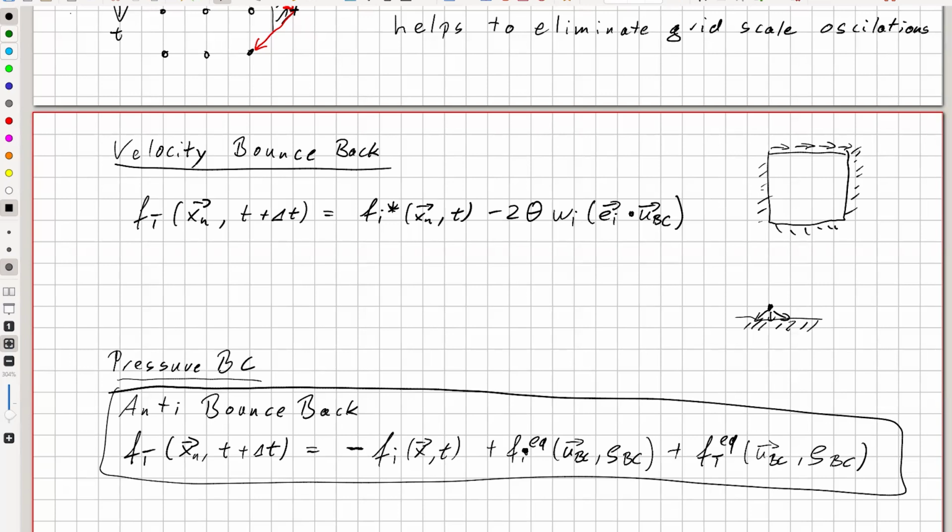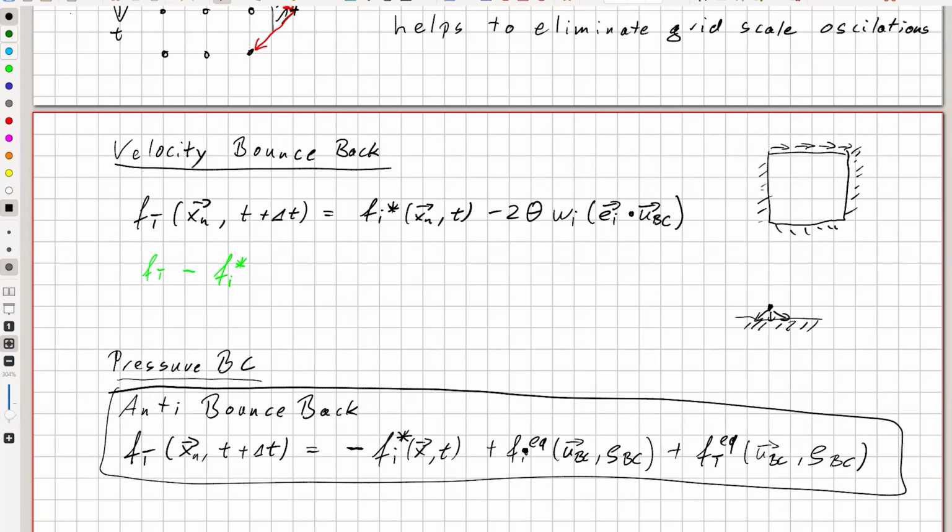So if you rewrite this boundary condition here, you see this is F minus i minus Fi, and here I've forgotten the post-collision thing.